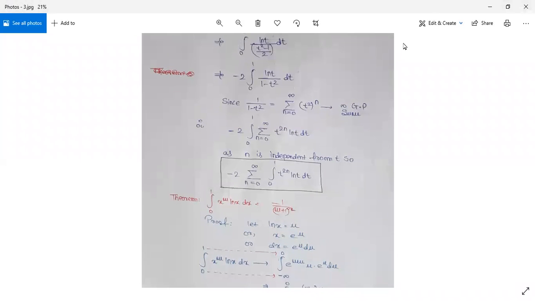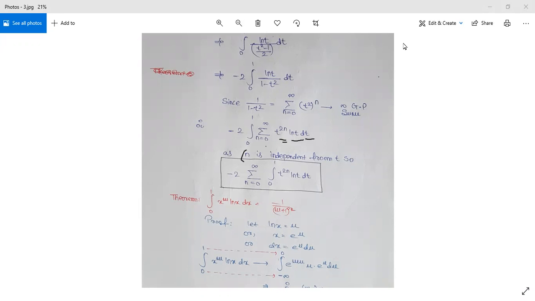Okay, now moving further, I can convert this integration, having negative 2 integration from 0 to 1 natural log of t divided by 1 minus t square dt, by using this infinite GP sum, to minus 2 integration from 0 to 1 of summation from n equals 0 to infinity of t to the power of 2n into natural log of t into dt.